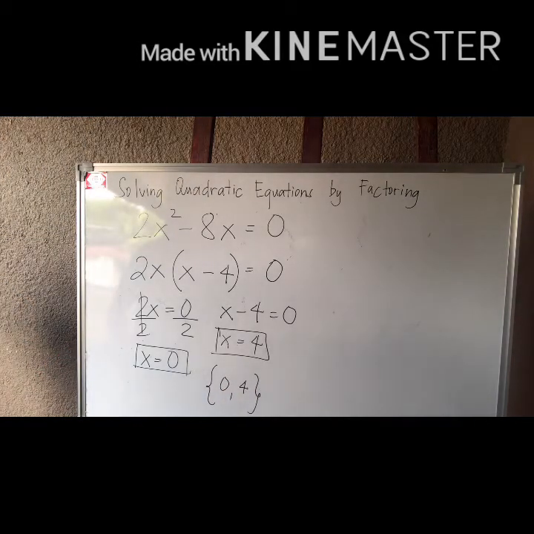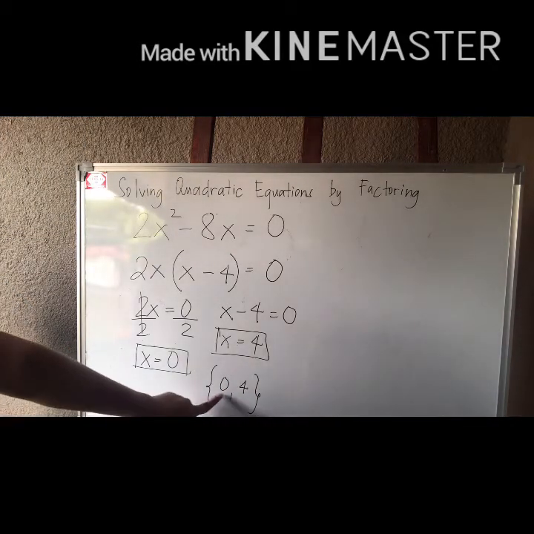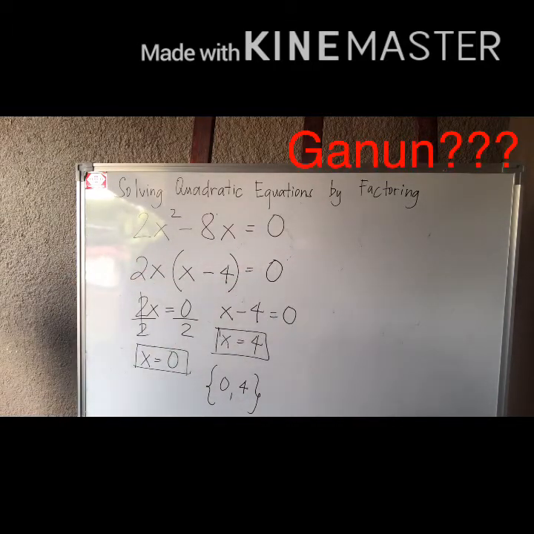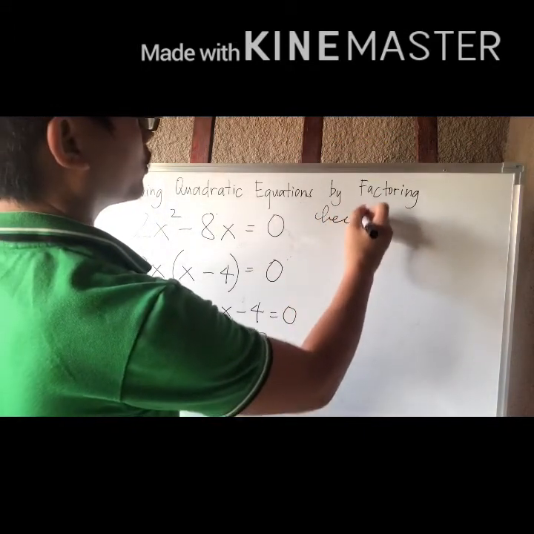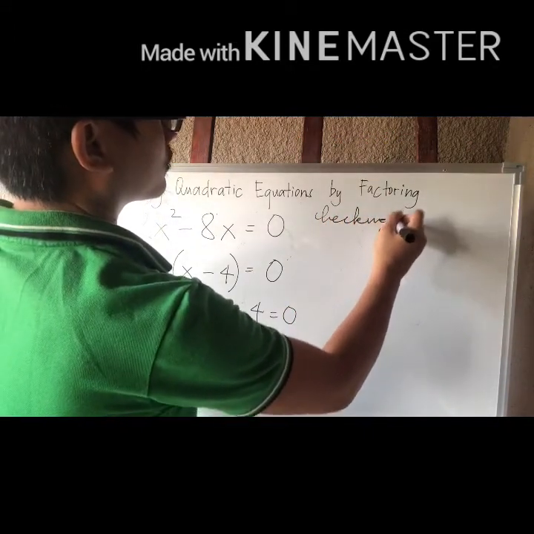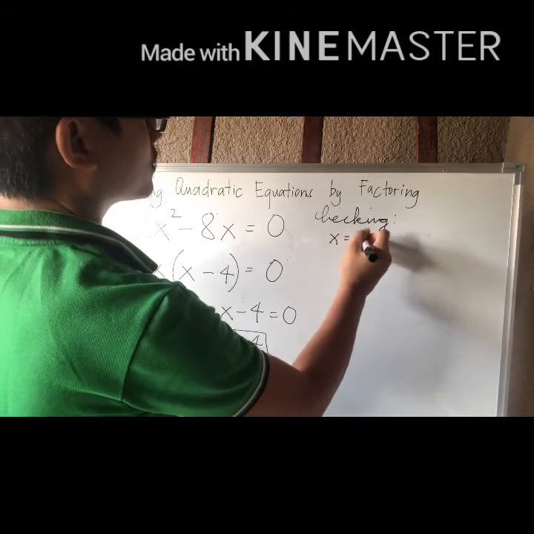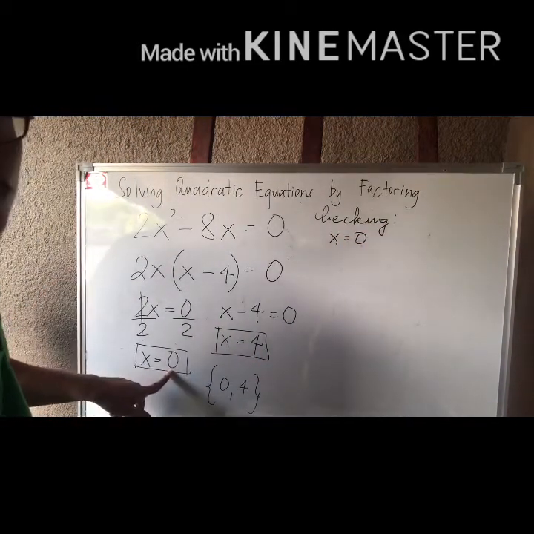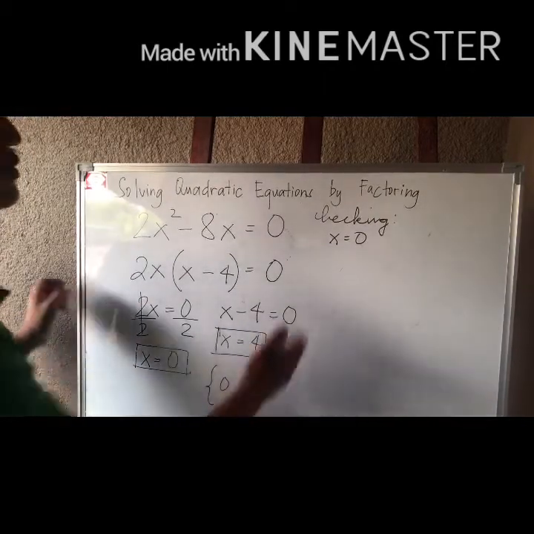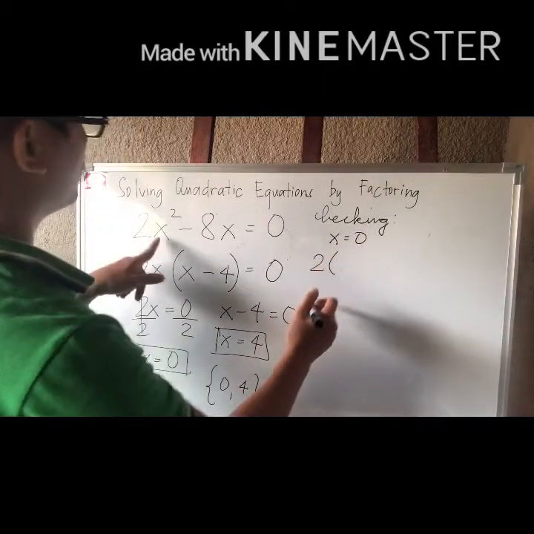Okay? And what we're going to do is to check if this solution satisfies the quadratic equation. Let's say, if we're going to check x equals 0, you just substitute 0 in the original equation. So you have 2x, but x is 0.